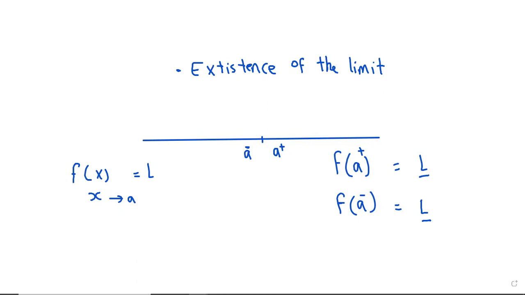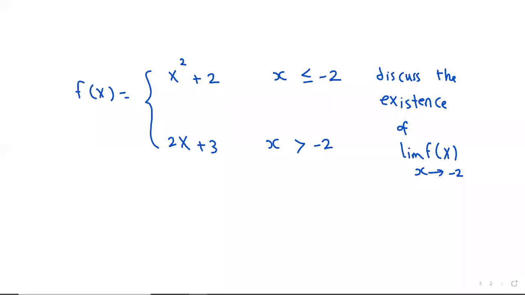Let's take an example about that. Here I have the function f of x is x squared plus 2 when x is less than or equal to -2, and 2x plus 3 if x is greater than -2.